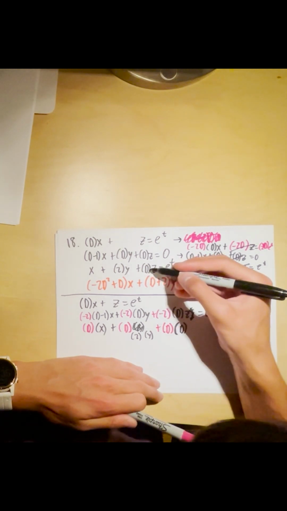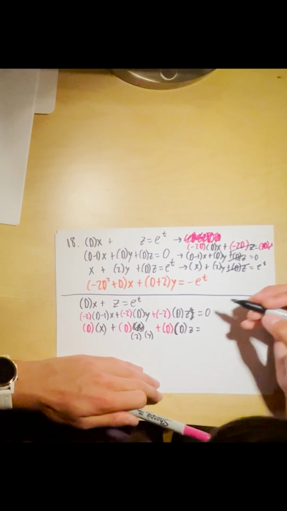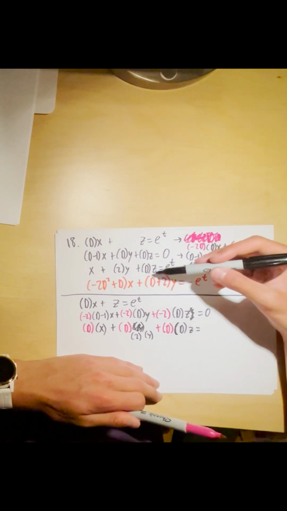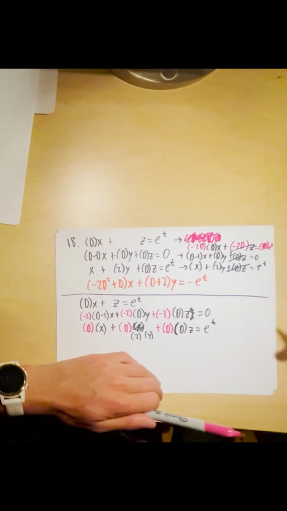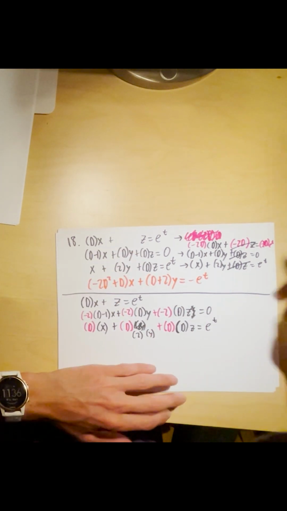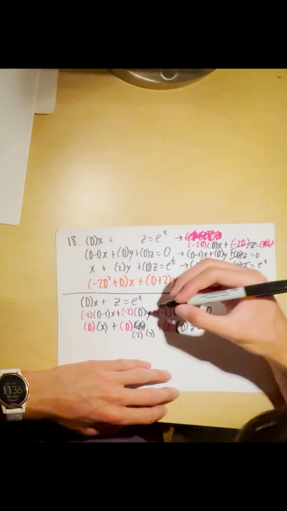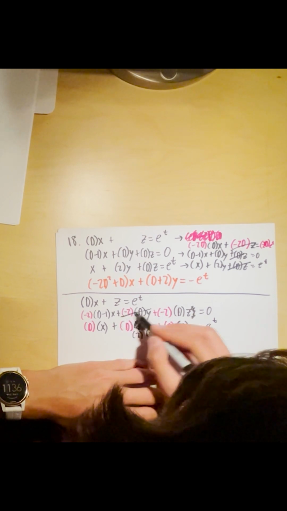So we got the D multiplied, and we already had a differential operator there. And now I'm just going to leave e to the t as e to the t, because when we take the derivative of e to the t, we get e to the t. Great. Now I set this up to eliminate y, and shocker, we can eliminate y.